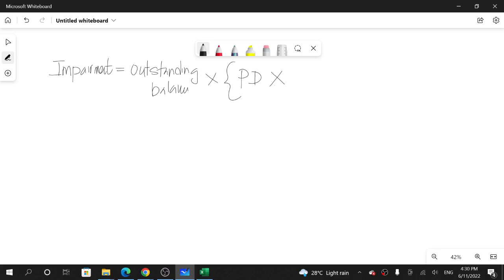What is the probability that this outstanding can turn into a default scenario? We take that probability and multiply it by LGD. What do you mean by LGD? Loss given default, that is, if someone incurs a loss, the probability of them defaulting. And then the economic factor adjustment. This is not much relevant here.